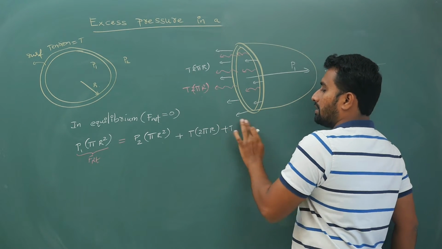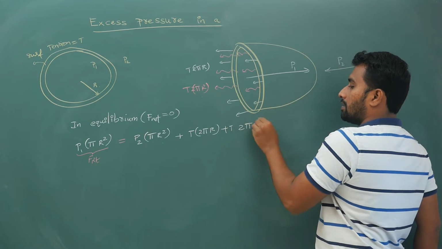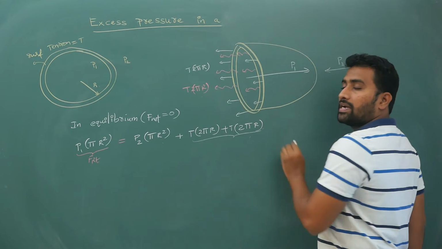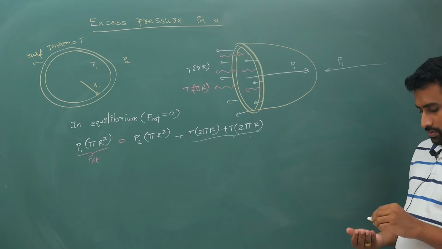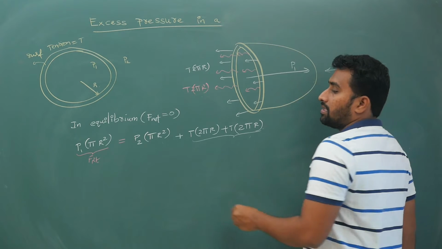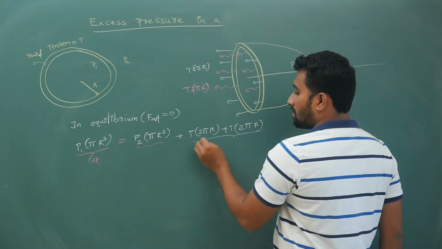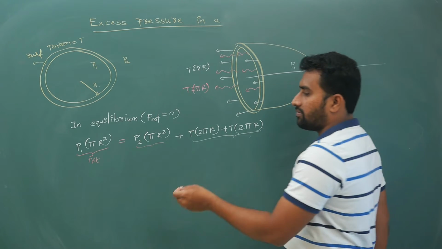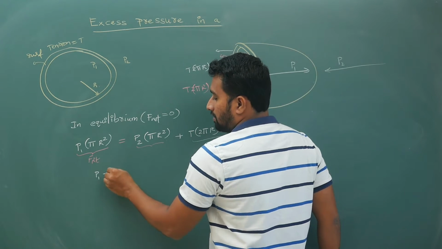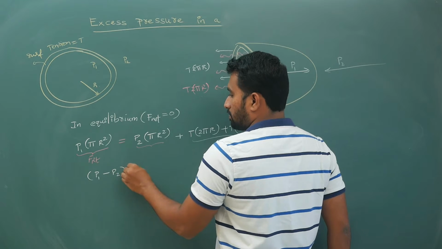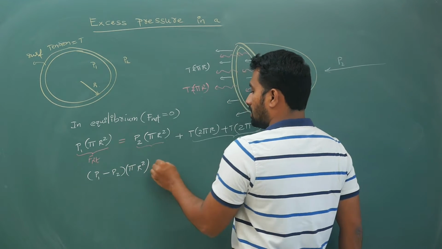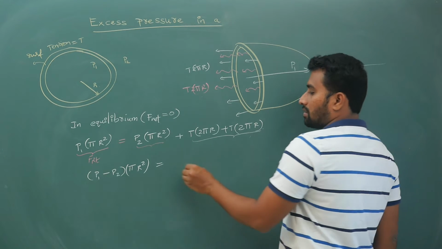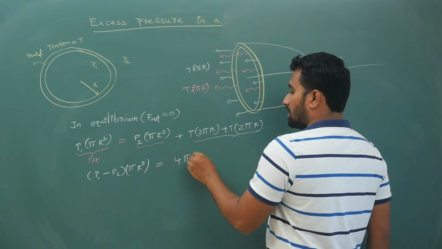Twice you have this, so it is T times 2 pi r plus T times 2 pi r. If you subtract, P1 minus P2 times pi r square is equal to T times 2 pi r plus T times 2 pi r, which gives 4 pi T r.